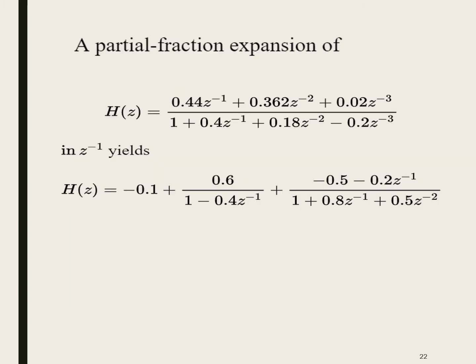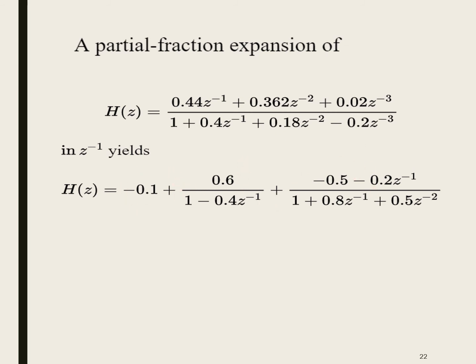A partial fraction expansion of H of z is given here as a problem. So how can we do this? By using the long division method. Hope you all know what the long division method is. So while using the long division method, you get this constant plus these functions.